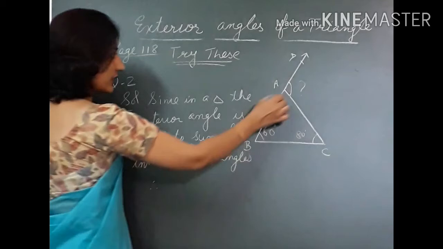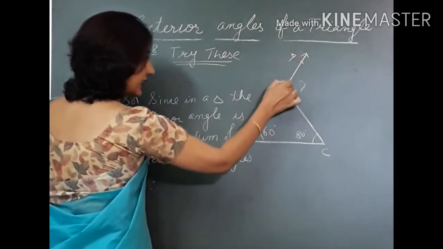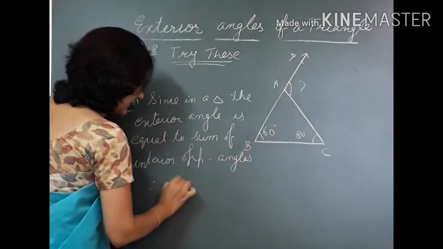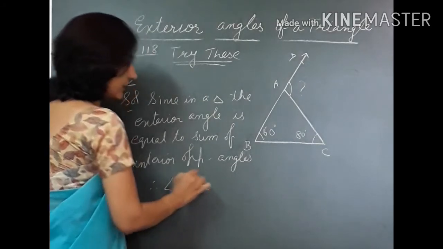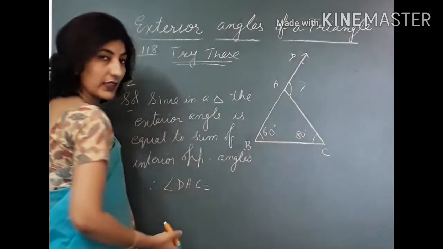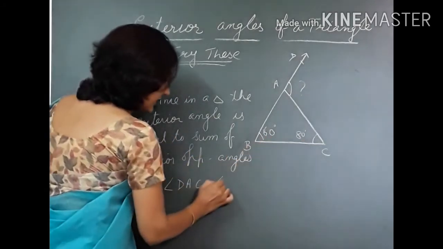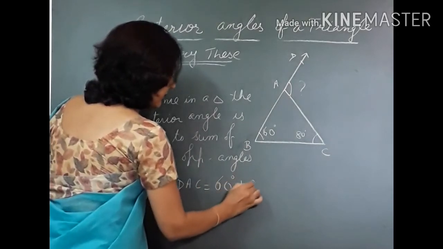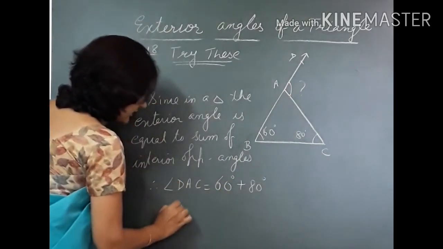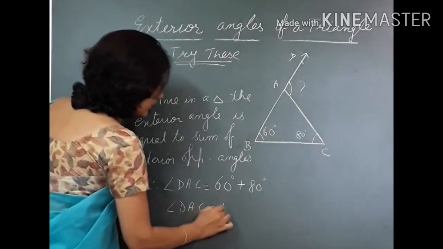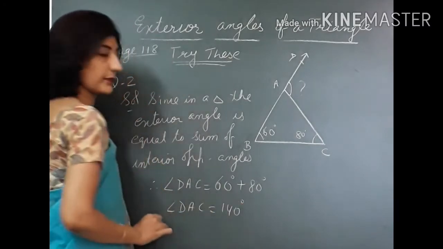Therefore, what is the name of this angle? Angle DAC. Angle DAC will be equal to the sum of these two angles. These are interior opposite angles. So it will be equal to 60 degrees plus 80 degrees. So angle DAC equals 140 degrees.